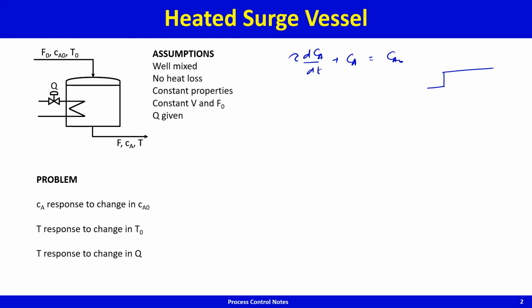So initial value of Ca naught is Ca naught bar, and it increases by delta Ca naught. So let's use the integrating factor approach to integrate this equation. We have to put it in standard form for using integrating factor.